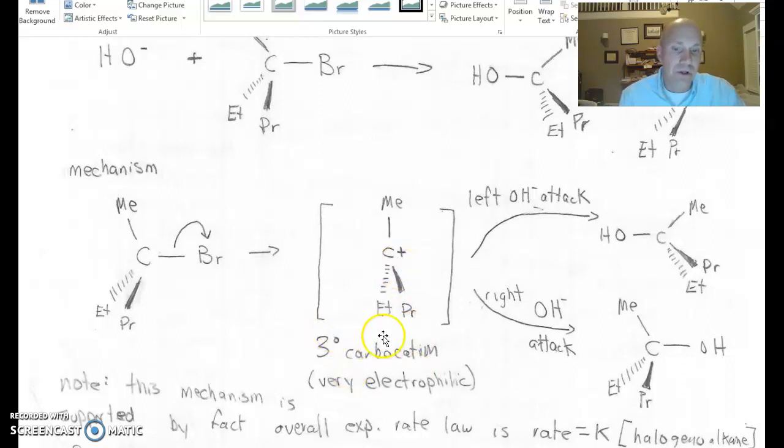This thing right here can stick around for a decent amount of time, and so it's going to act as an electrophile. What can happen is that the attack can come from either the left or the right side, and that's why we get the two different stereochemistries.